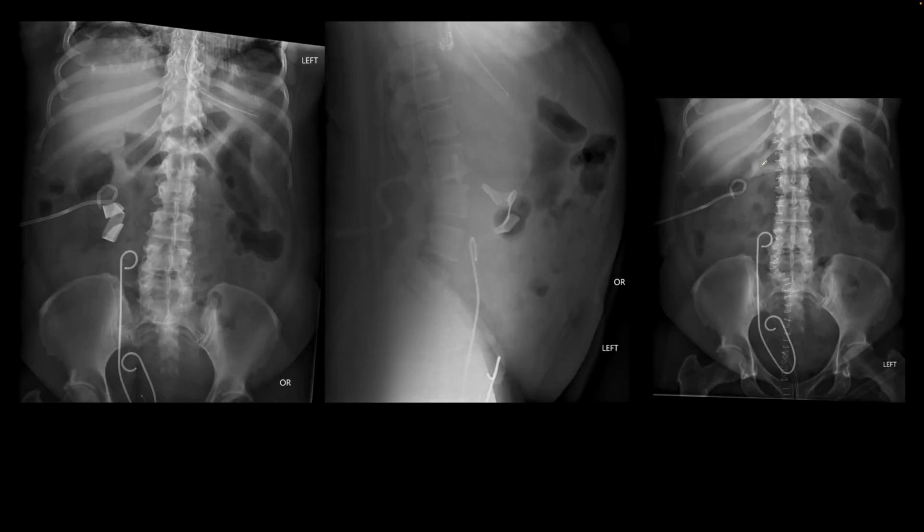This is our next patient, and I'm showing you multiple images on this patient. The two images on the left are after their surgery, where there was a question of retained foreign body, and the plain films show a lap sponge in the right side of the abdomen, and we want to see this finding in two views to confirm that it's inside the abdomen or inside the patient.